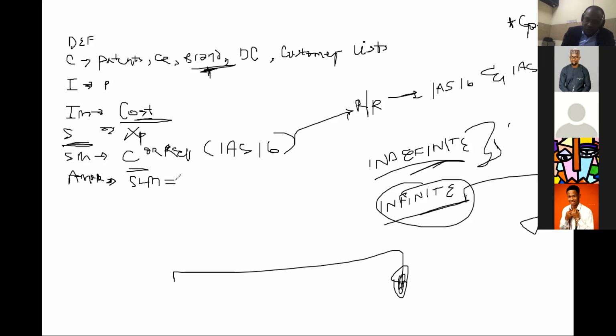So for the straight line method, we take our cost, or revised cost if we are using revaluation, minus the scrap value, or residual value if you want to use the technical term, divided by the number of years. That is the formula we'll use for amortization.